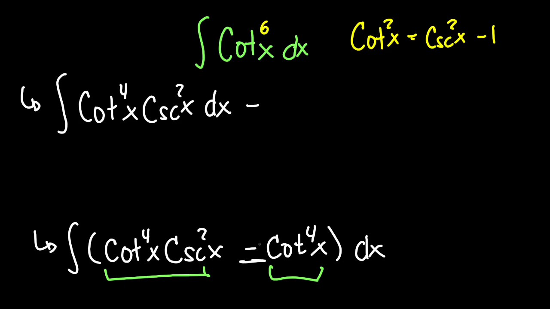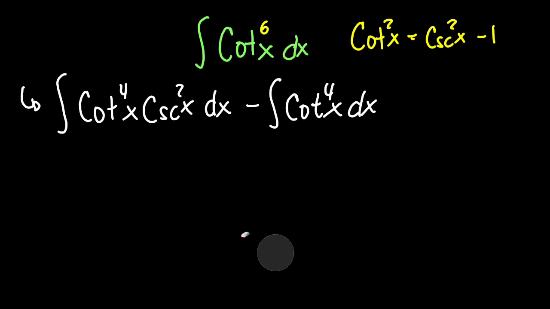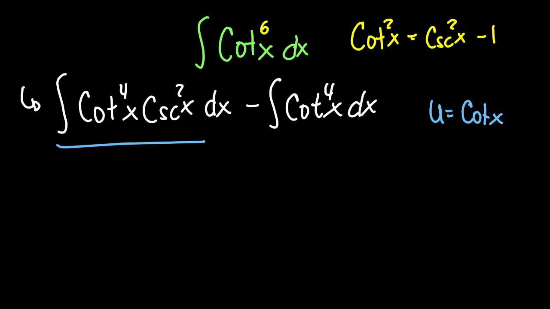Minus, since it is a negative sign, the integral of cotangent to the power 4 of x of dx. And for the next step, let us focus on the first part first. Let u here in this case be cotangent of x, just for the first part, and take the derivative.